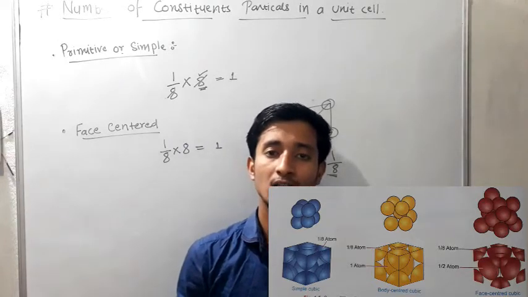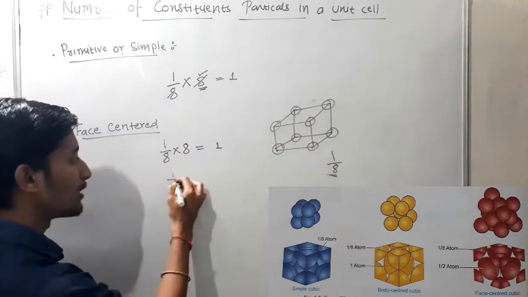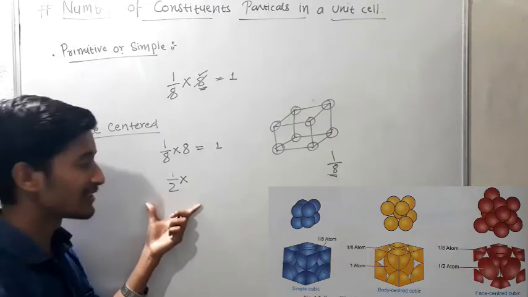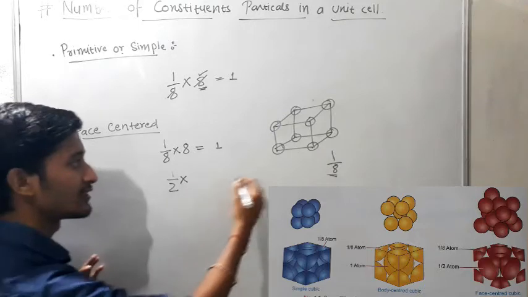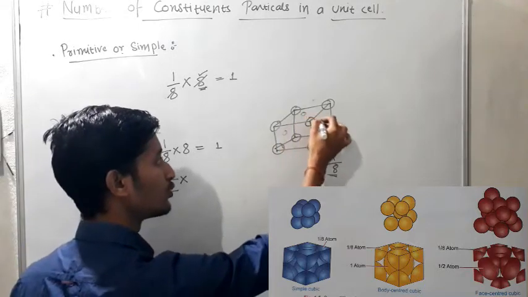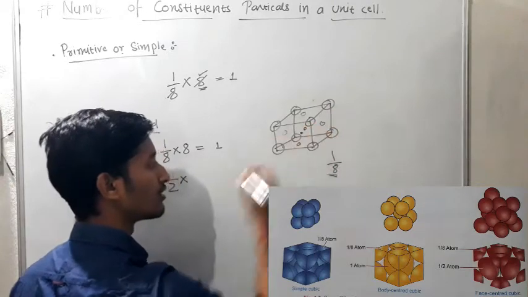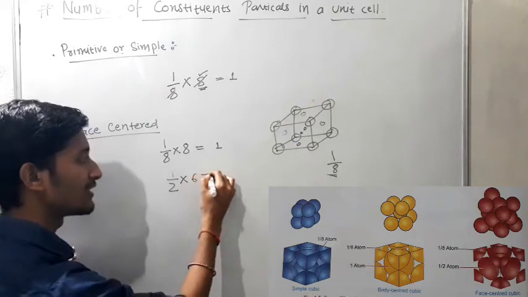That means a particular unit cell has only 1/2 part of an atom, and number of faces are 1, 2, 3, 4, and just opposite, fifth in front, sixth back. Number of faces is 6.